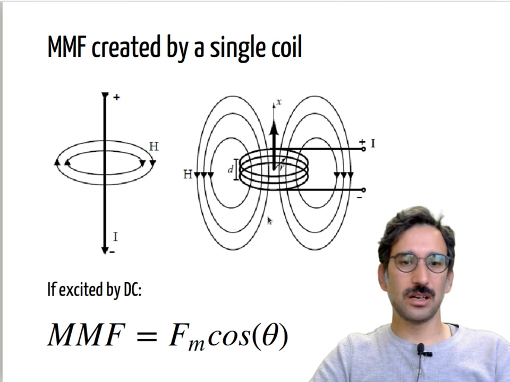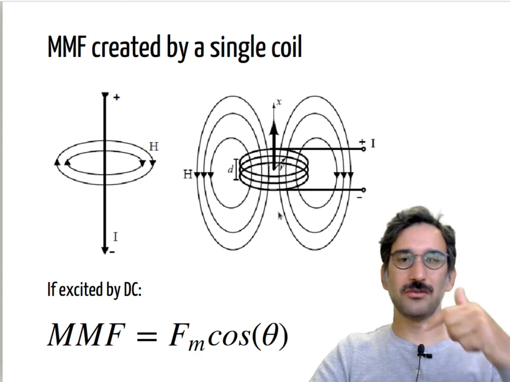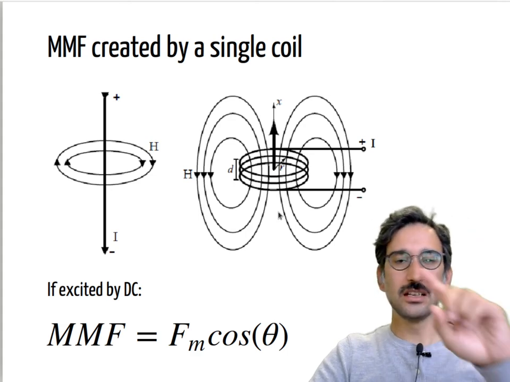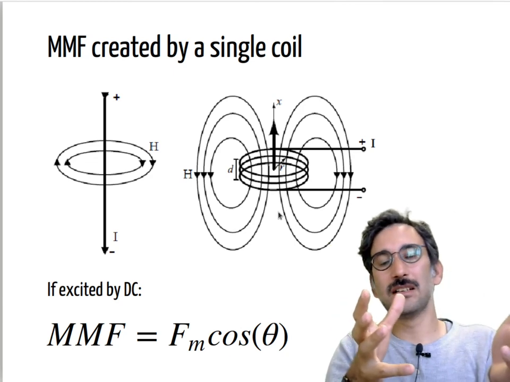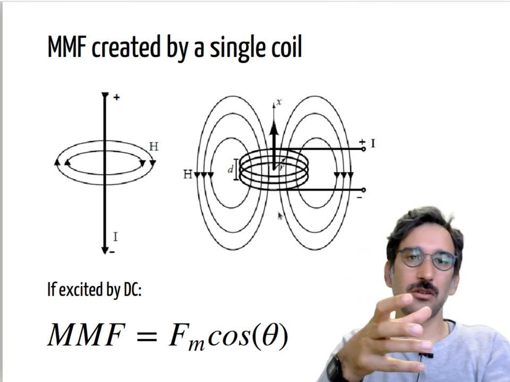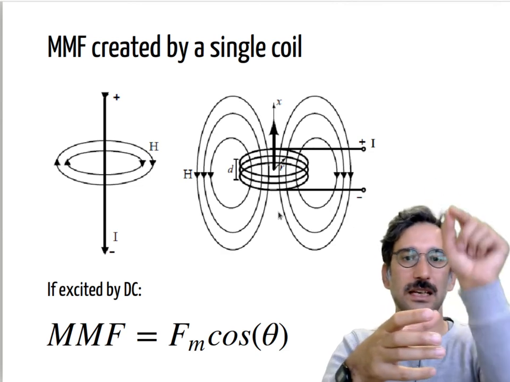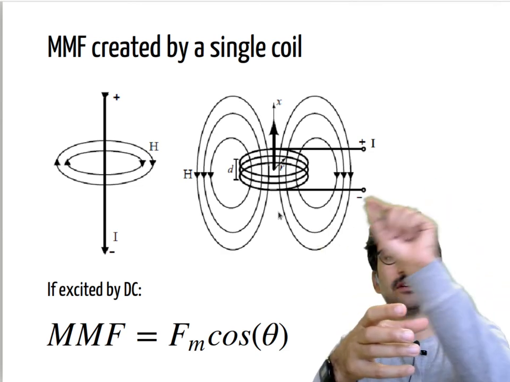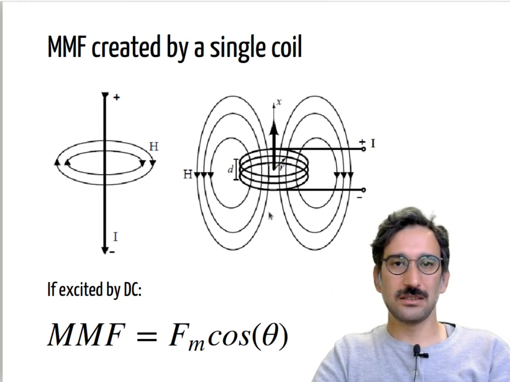Then coming back to here, again you will have the maximum value but in the negative direction. It doesn't have to be an air core, it can be an iron core. You have the maximum B along the axis of the coil, and if you go away from that direction, the flux density will get weakened.